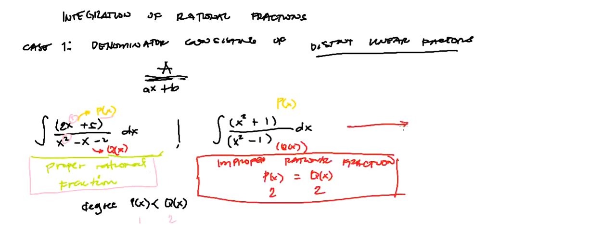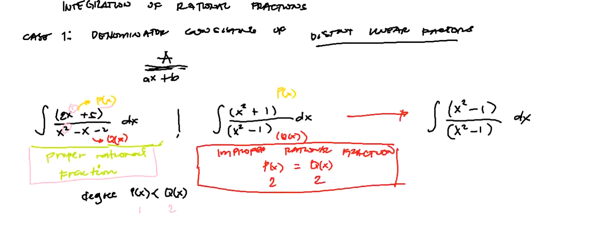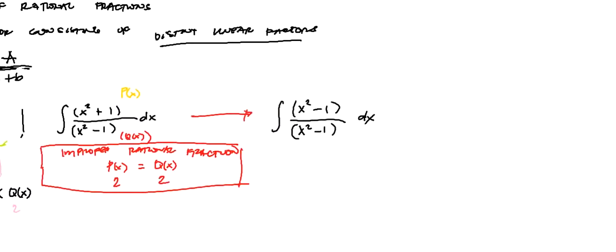By simply performing the indicated division first. So we need to divide it first before we do the rational fractions, I mean the integration of rational fractions. So x squared minus 1 all over x squared minus 1 dx. You need to divide it first.